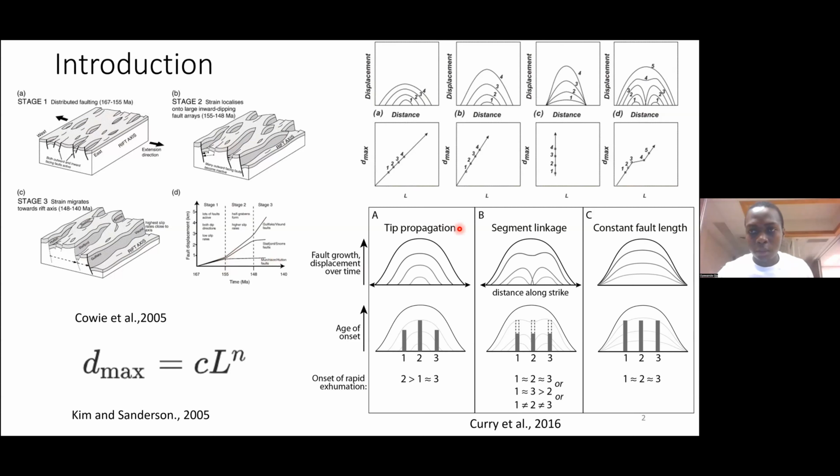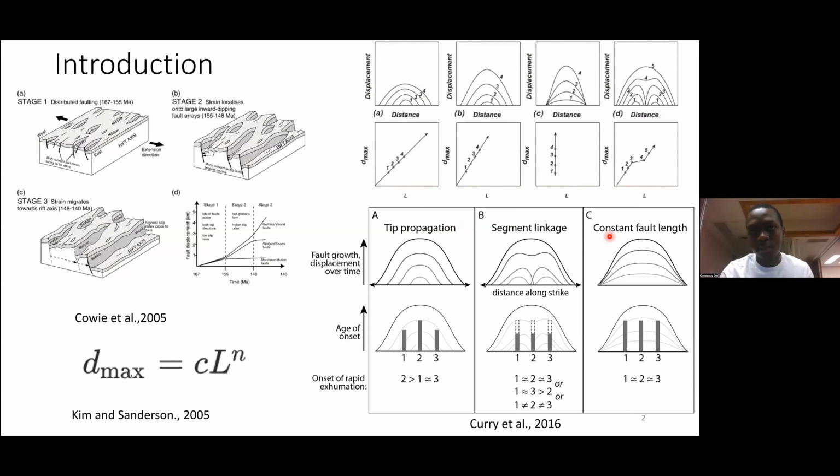And the models to the right are just to remind us of the two end members of the rift growth models. We have the tip propagation and the constant length model. The difference is that for tip propagation, it is believed that when normal faults grow, there is a simultaneous increase in length and displacement of the fault.